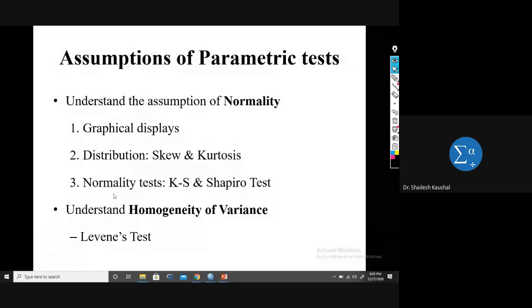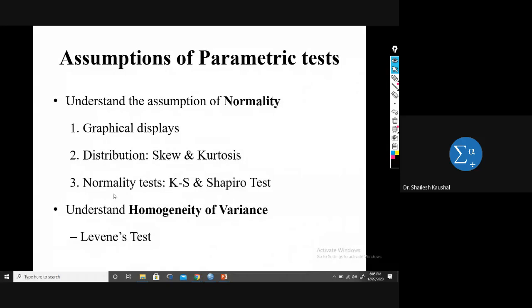And second way, the skewness and kurtosis value should be between -1 and +1. If my skewness and kurtosis values are between -1 and +1, it means it is normal data.